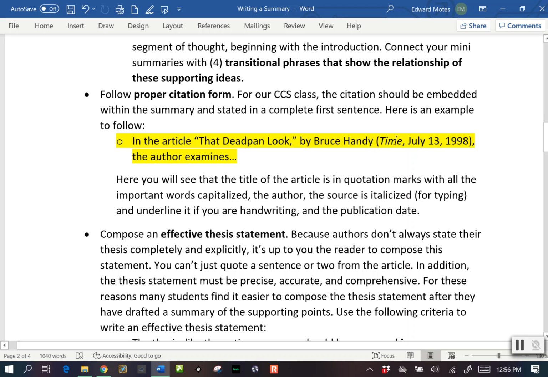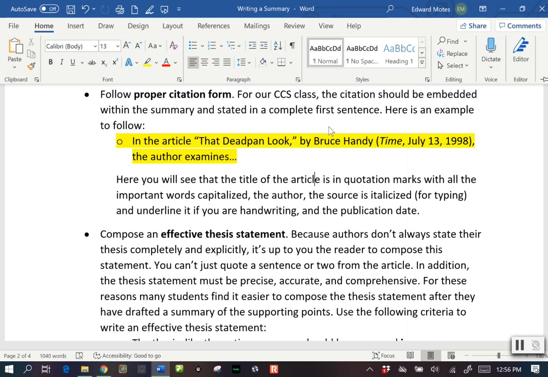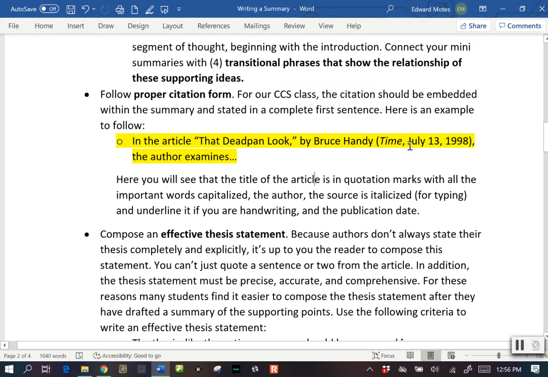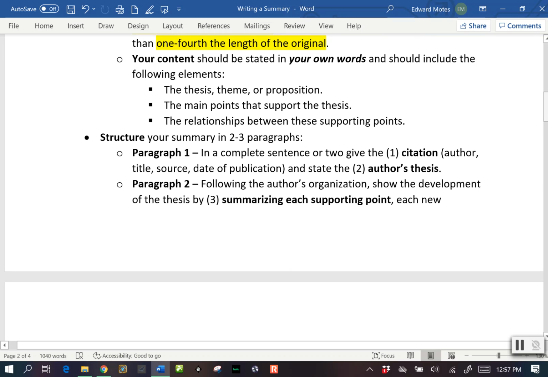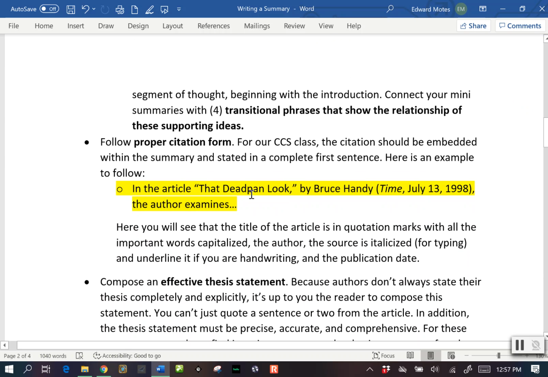Sources are always in italics, so here it's just Time, and if you need to know how to italicize, you highlight Time and then click on the I here next to B and U. Then comma, the full date, if you have the full date, and then parentheses, and then "the author examines," and the rest of this will be the thesis. Those 4 parts to the citation that we talked about are what's right here: the title of your article, the author, the title of the source, and then the date.